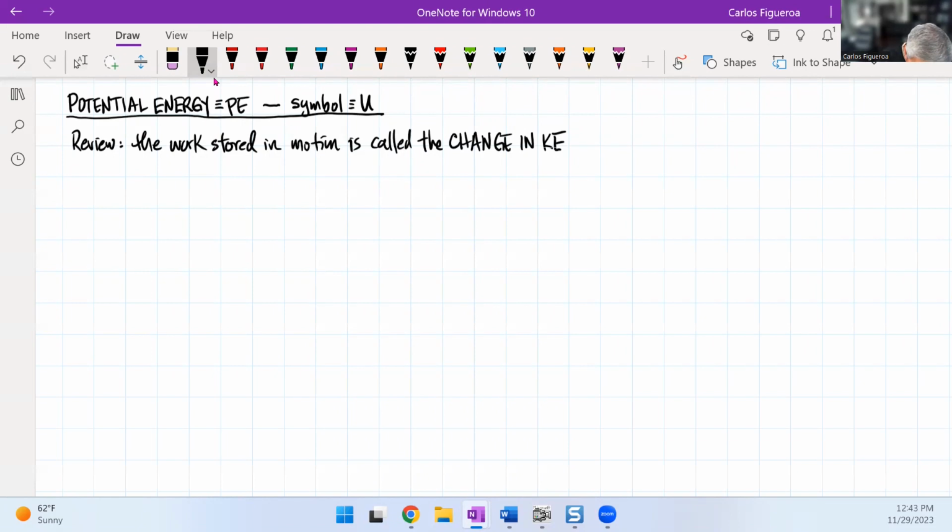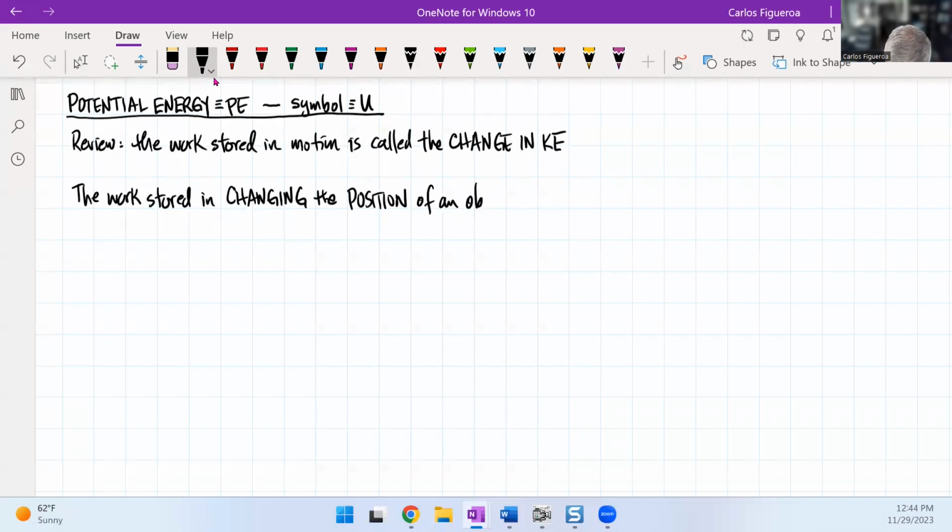The same thing happens here. The work stored in changing the position, and it could also be configuration, but changing the position of an object is called the change in potential energy.